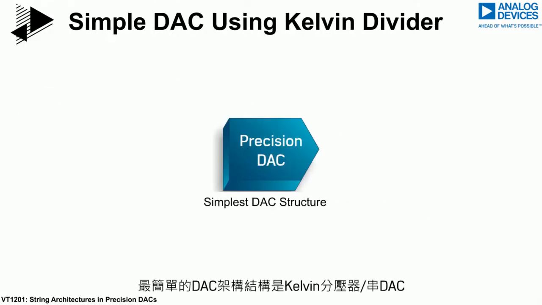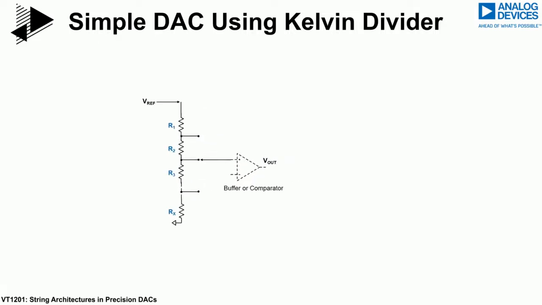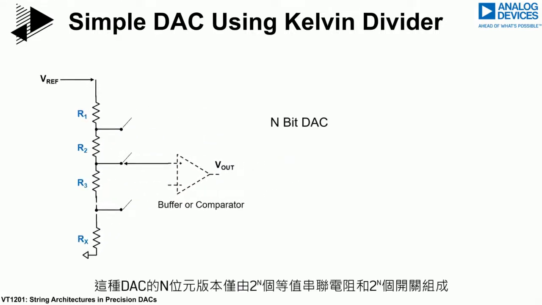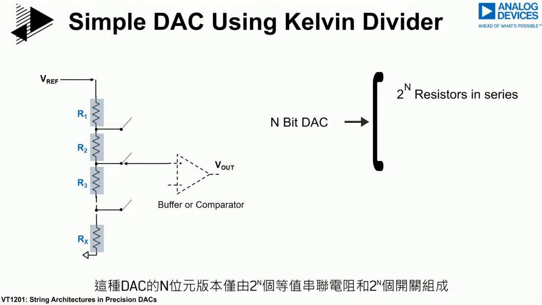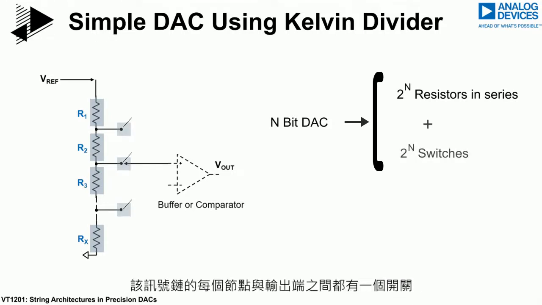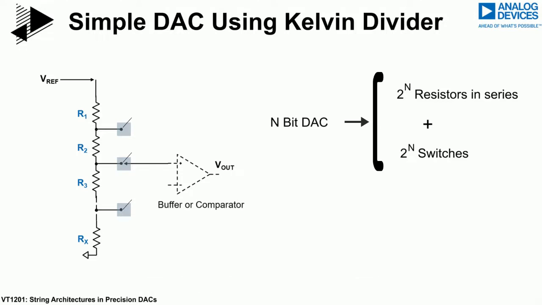The simplest DAC architecture structure of all is the Kelvin divider, or string DAC. An n-bit version of this DAC simply consists of 2 to the n equal resistors in series, and 2 to the n switches, each one located between each node of the chain and the output.